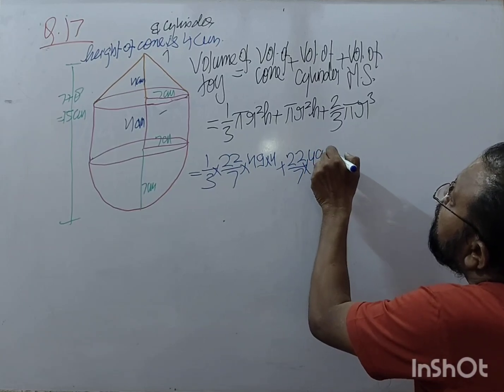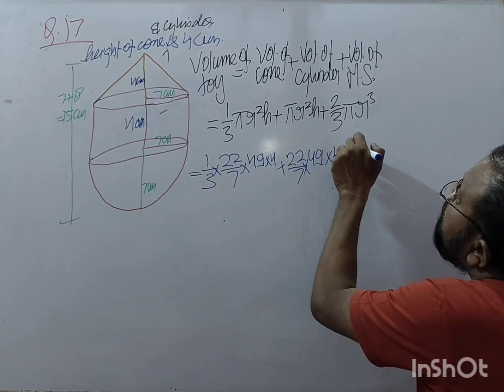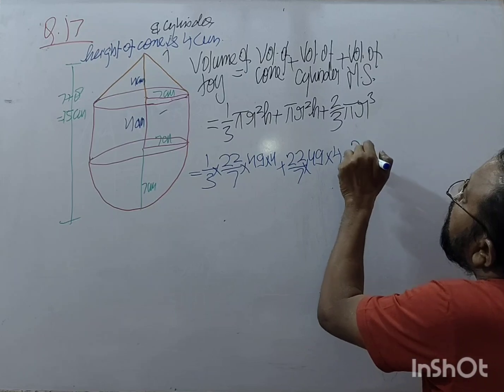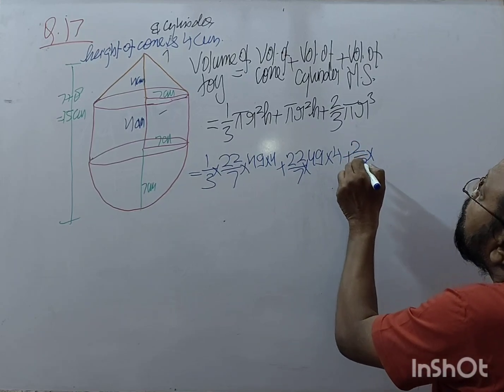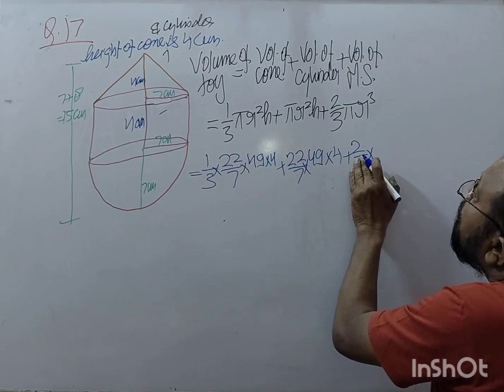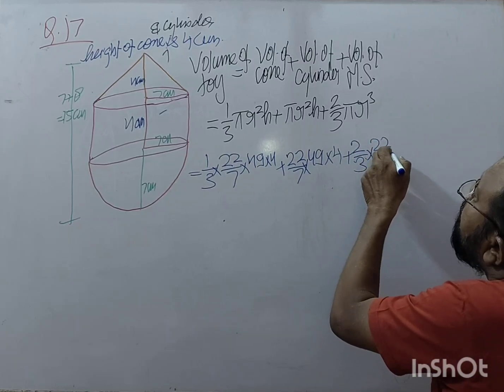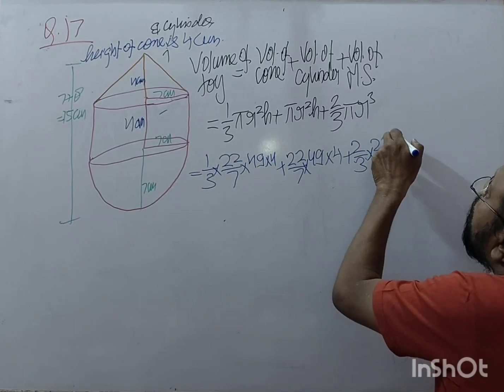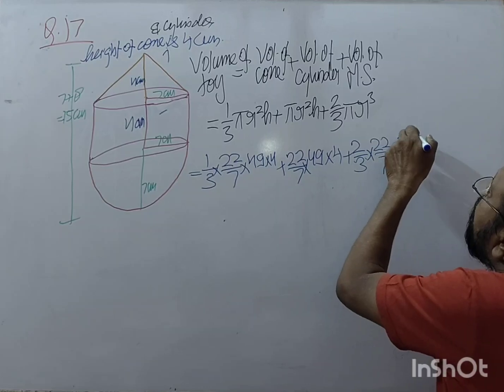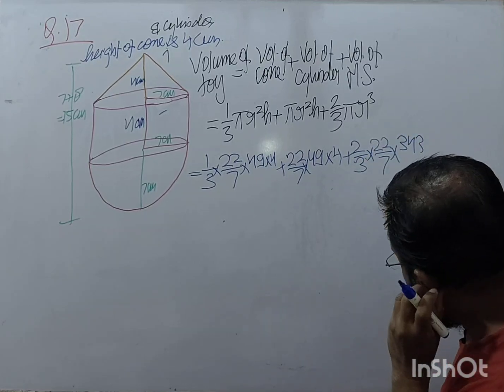Yes. Plus 2 by 3 into 22 upon 7 into 343, is it?